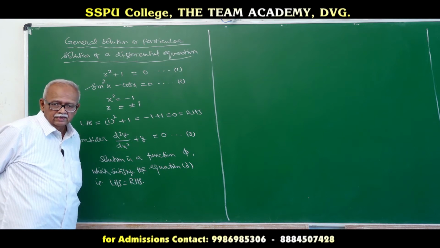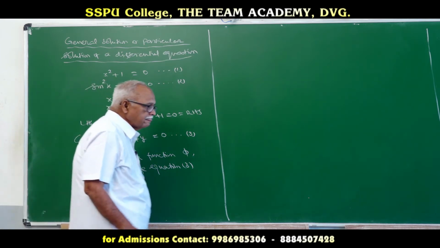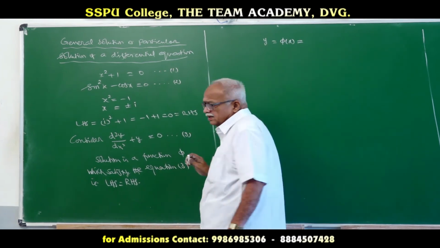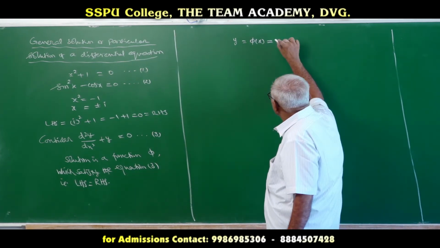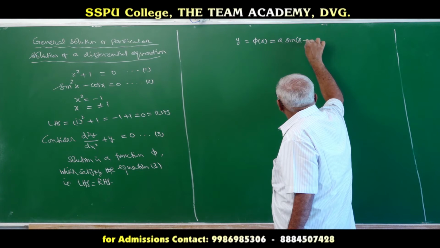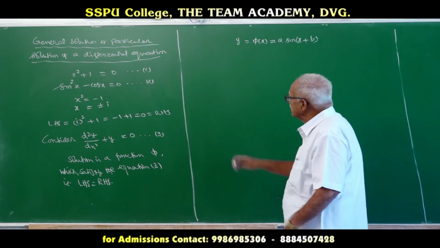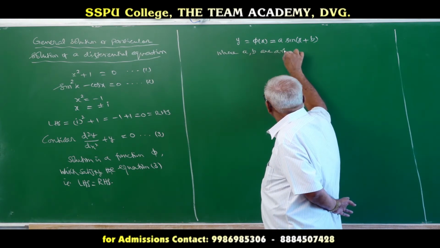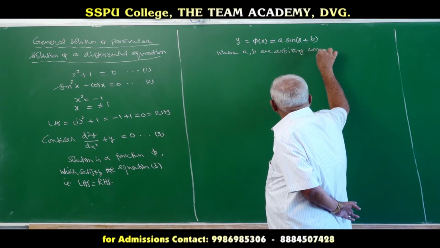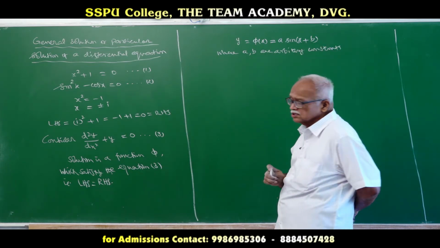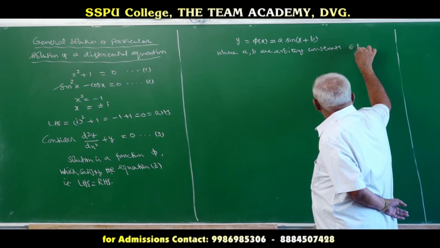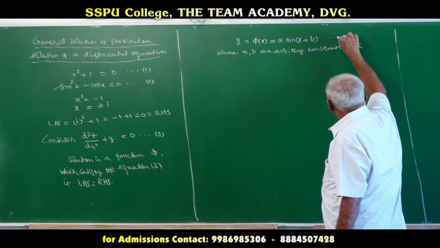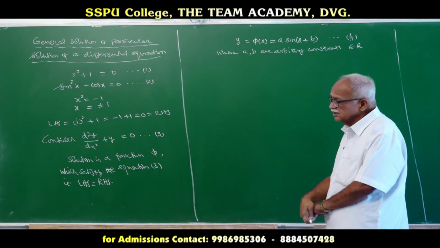Now, let us consider an equation of this type: y is equal to phi of x. Let me take this y as a sine x plus b, where a and b are arbitrary constants belonging to the real numbers.